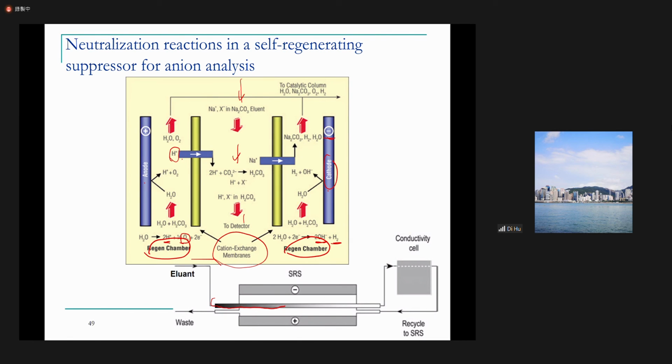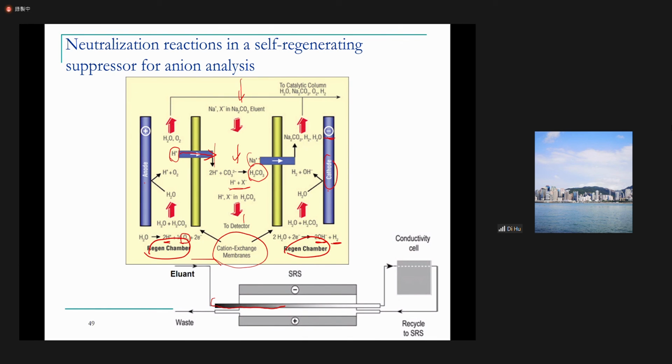So the hydronium ion can pass through this membrane and get into the eluent chamber. And then the hydrogen ion gets into the chamber and combines with carbonate and bicarbonate eluent to form the much less conductive carbonic acid. And also, together with fluoride and chloride, it makes them into the acid form.